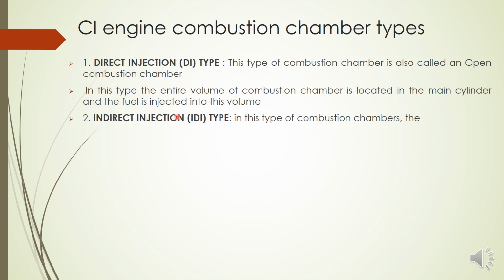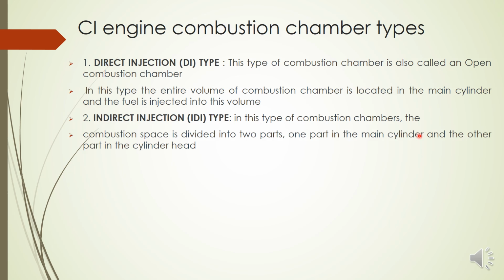But in the indirect injection type combustion chamber, we have more than one volume available. That is, the combustion space is divided into two parts. One part is in the main cylinder and the other part will be in the cylinder head. So minimum 2 parts will be there. In some cases more than 2 parts are there.